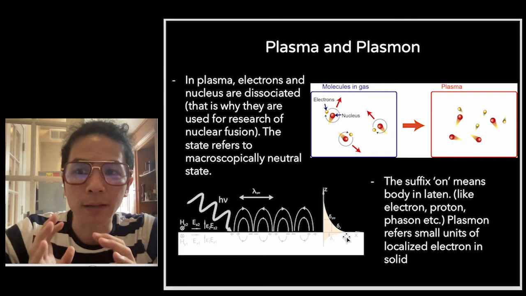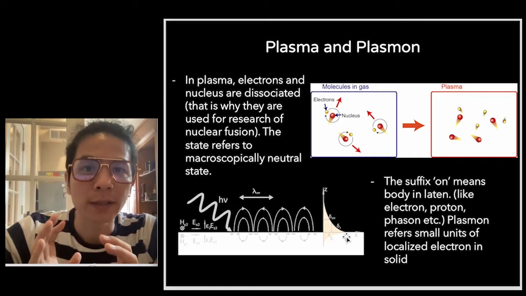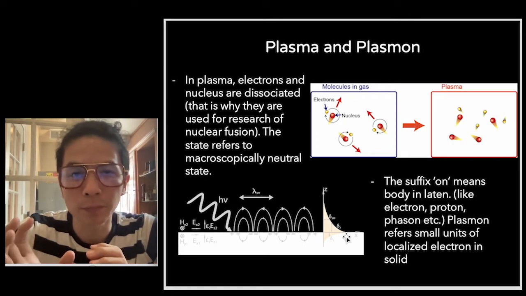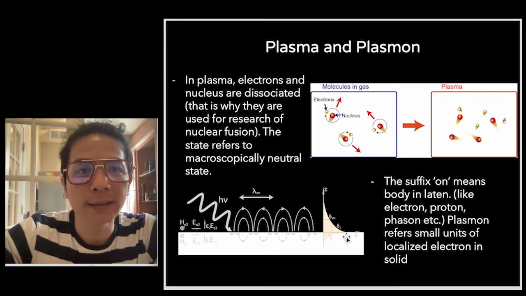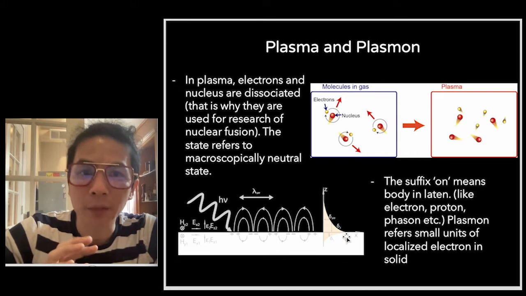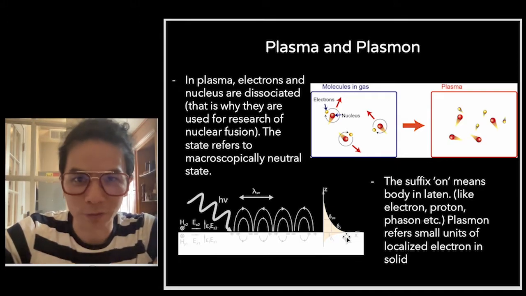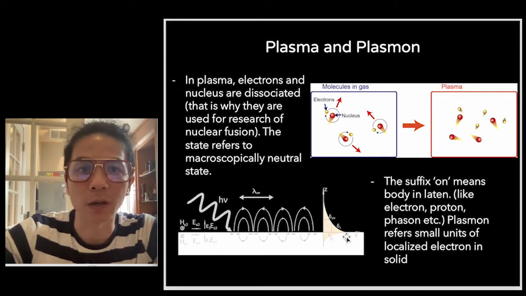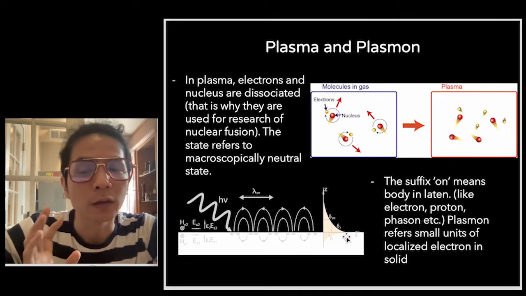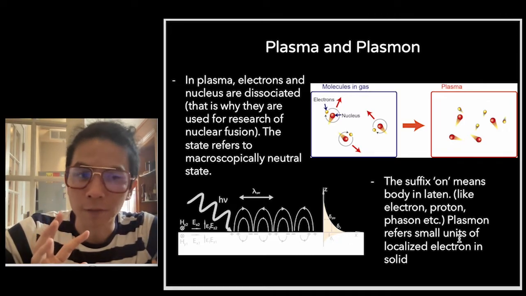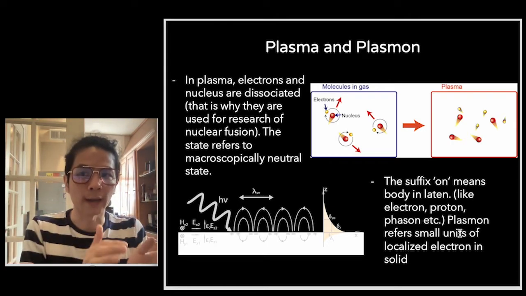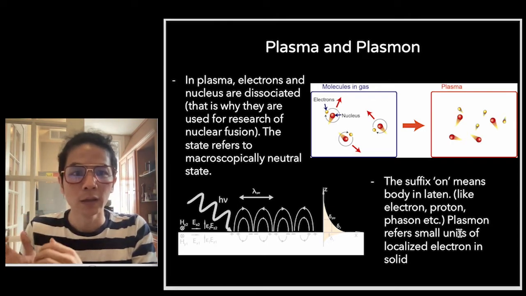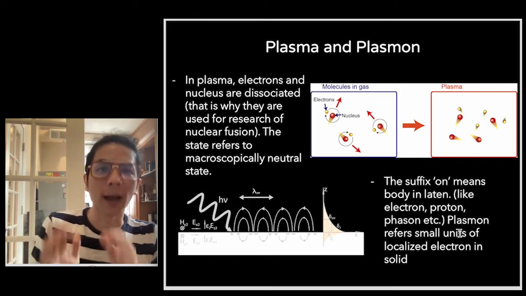And in that case, because of the localization of electrons, you can say that this is close to plasma, because electrons are dissociated from the nuclei. And the suffix -on means body. So if you take such a localization as one body, you can call it a plasmon.